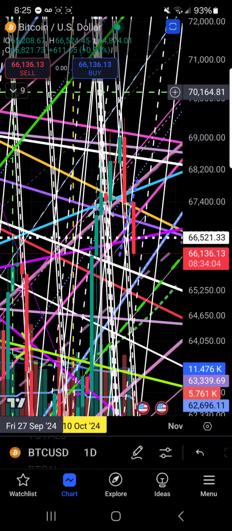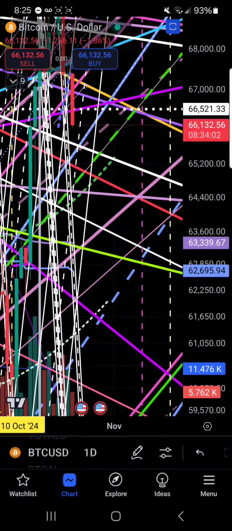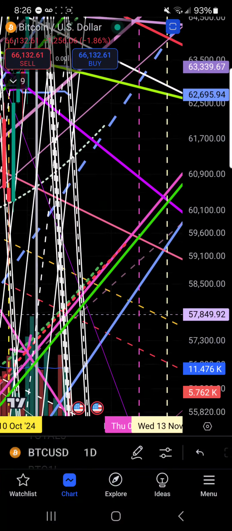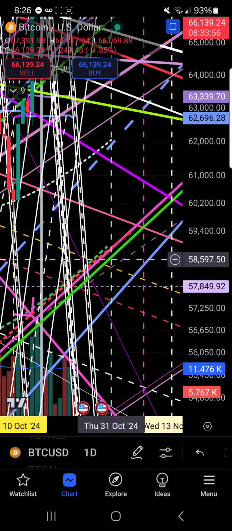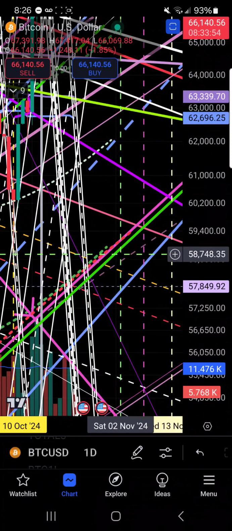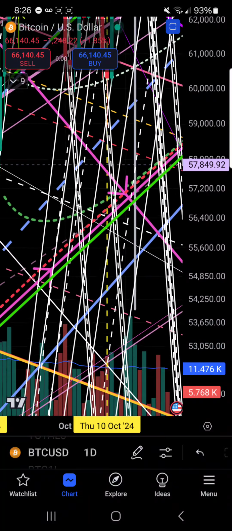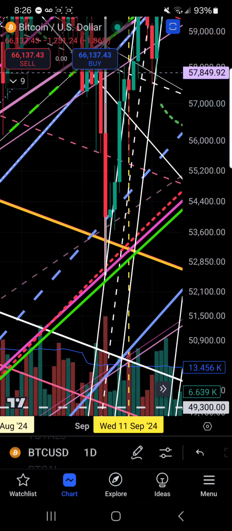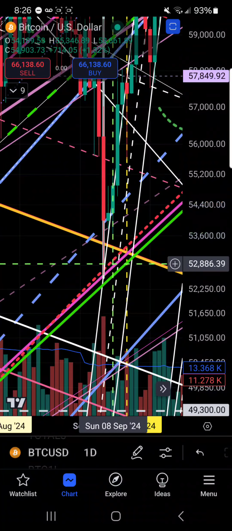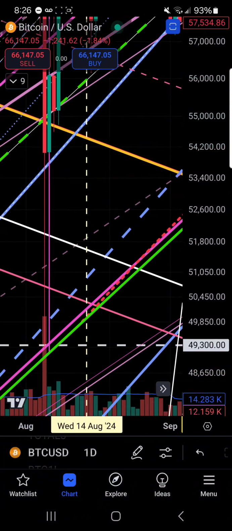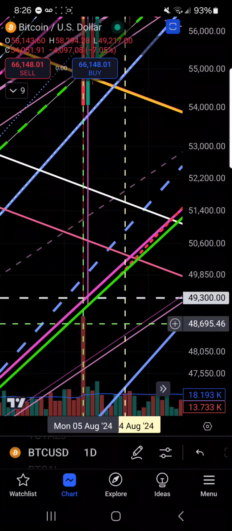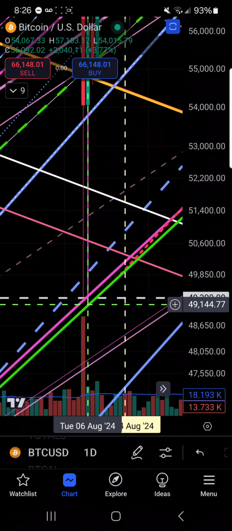Okay. I don't actually have it drawn as a channel here. I have it drawn as trend lines. But so here is the bottom of the channel, and that connects here to the 52K low, and here to the 49K low.